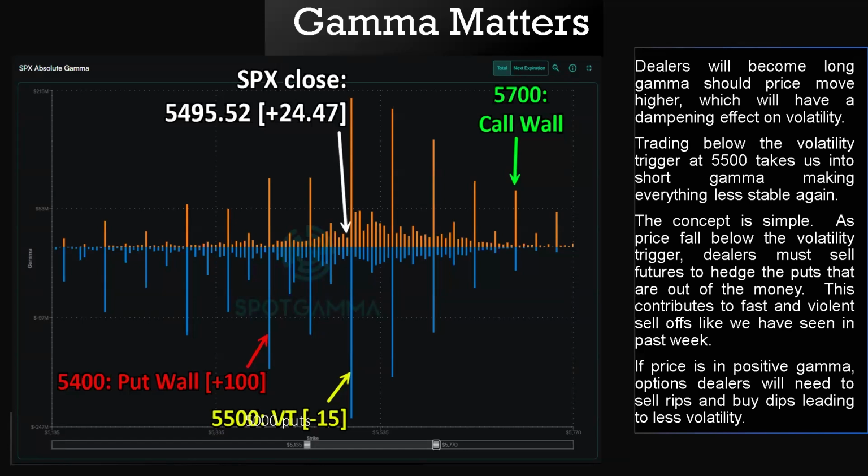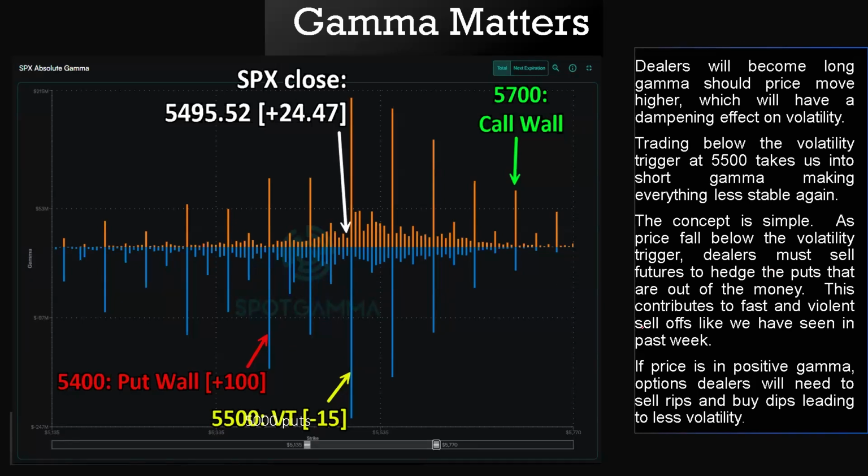Yesterday, Wednesday, was a perfect example of what to expect. In a positive gamma market, where we are now, dealers sell the rips and buy the dips, and we have less volatility.